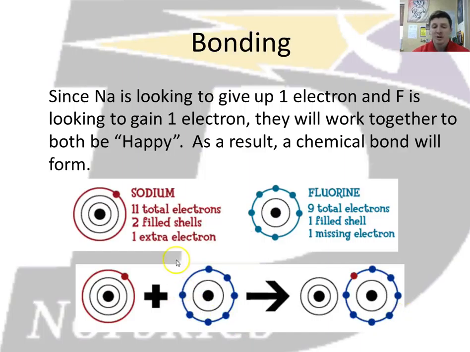So if we look, sodium has that 1 extra electron. Fluorine has a spot for it, because since it has 7 over here, 7 plus 1 is equal to 8. There's the rule of octet. Basically, sodium will donate the electron to fluorine, and fluorine is now a happy atom. And due to that, a chemical bond will form between sodium and fluorine here.